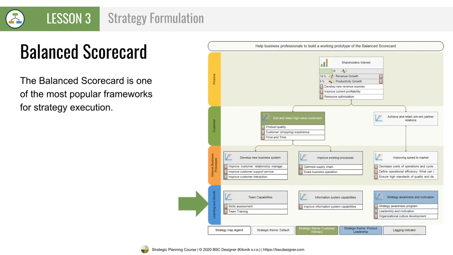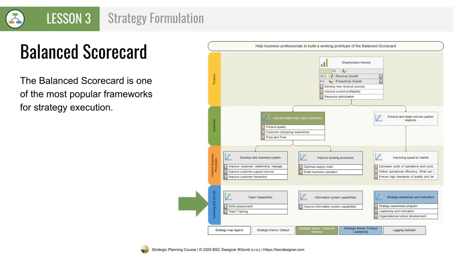Once the strategy is formulated, the framework will help us to describe it in detail by mapping goals, defining cause and effect connections, aligning goals with leading and lagging metrics, defining action plans. The Balanced Scorecard is one of the most popular frameworks for strategy execution.